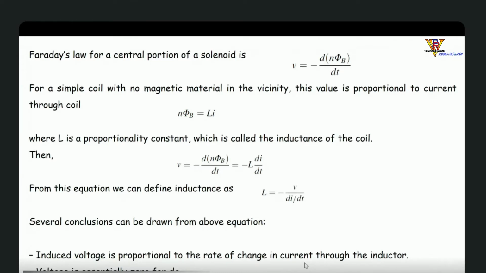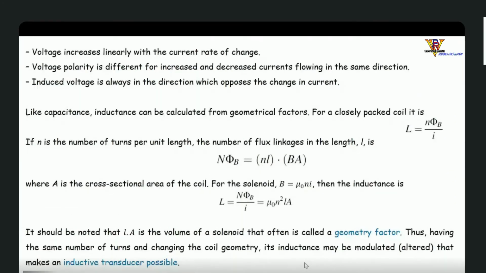So from this equation, we can define the inductance, the property of the coil material, as minus V by (di by dt). For DC, no induced EMF can be produced. However, there will be some magnetic field associated with that coil. The voltage increases linearly with the current rate of change because of the proportionality relation.